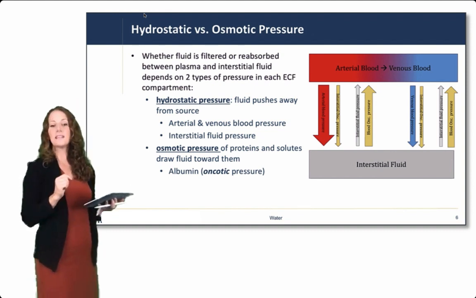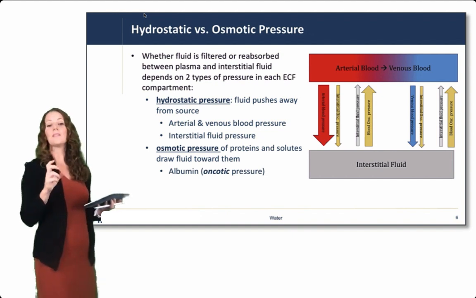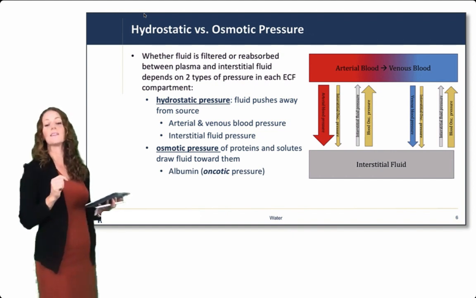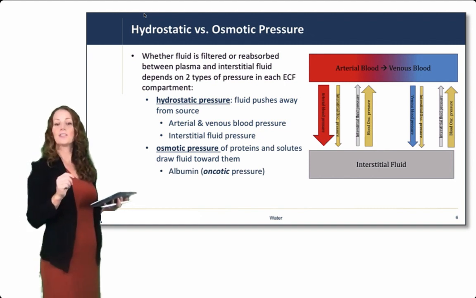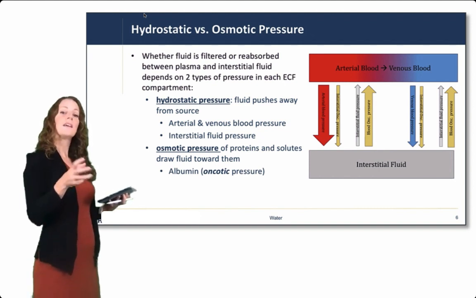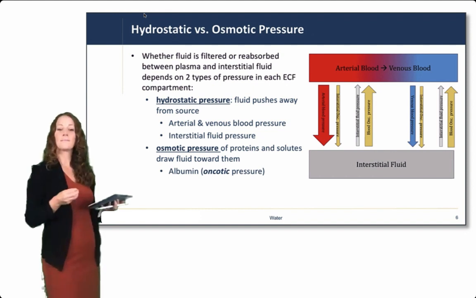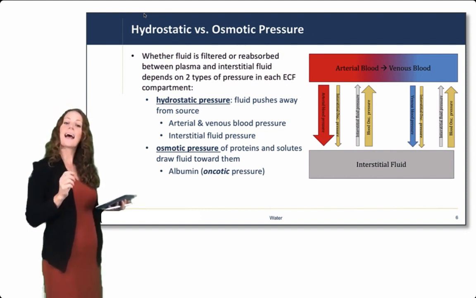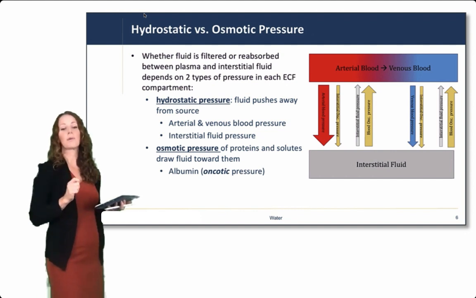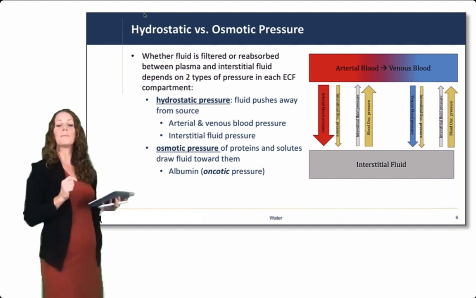With respect to the interstitial fluid, this will be the fluid that's present in the interstitial fluid. Osmotic pressure is the pressure of solutes that draw fluid towards them. Particularly when we're talking about capillaries, we're going to look at albumin, or the oncotic pressure due to albumin.